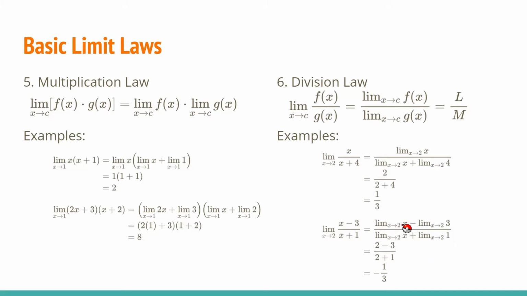Here we can use the limit of identity function. So the limit of x as x approaches 2 is just 2. And then we'll use the constant law. The limit of 3 as x approaches 2 is just 3. We can also use those laws in the denominator to get 2 plus 1. And then eventually we will get negative 1 over 3.